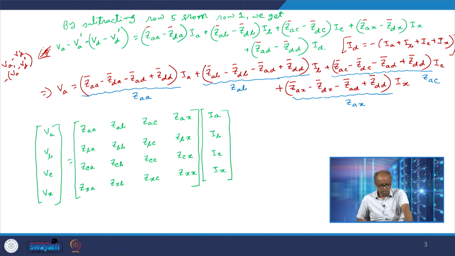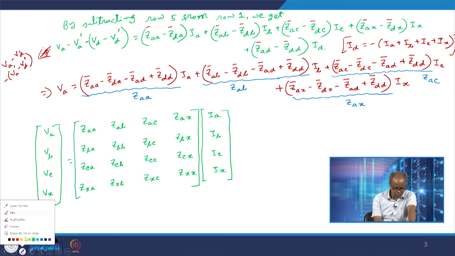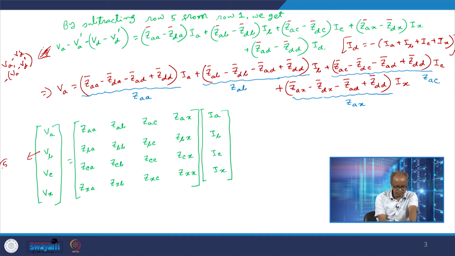Right. So for the sake of completion, VB I get from rho 5 minus rho 2, this I get from rho 5 minus rho 3, and this I get from rho 5 minus rho 4.